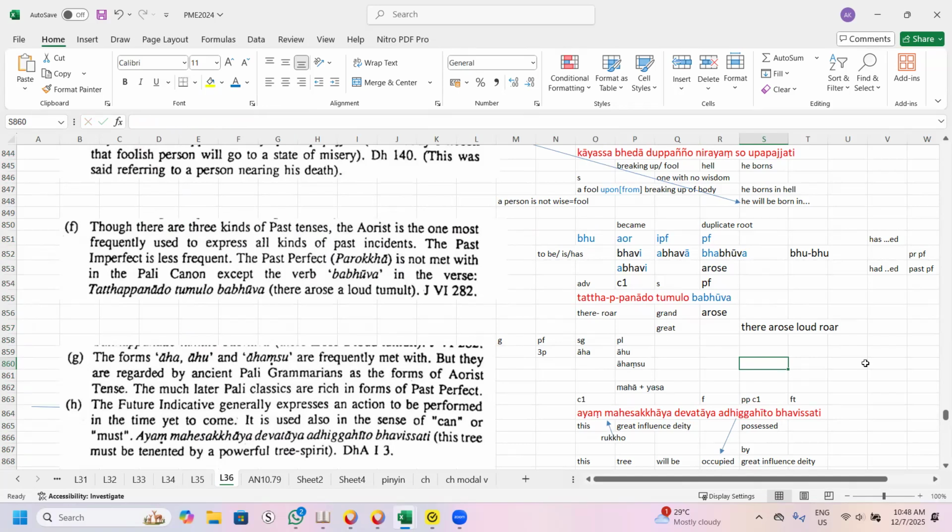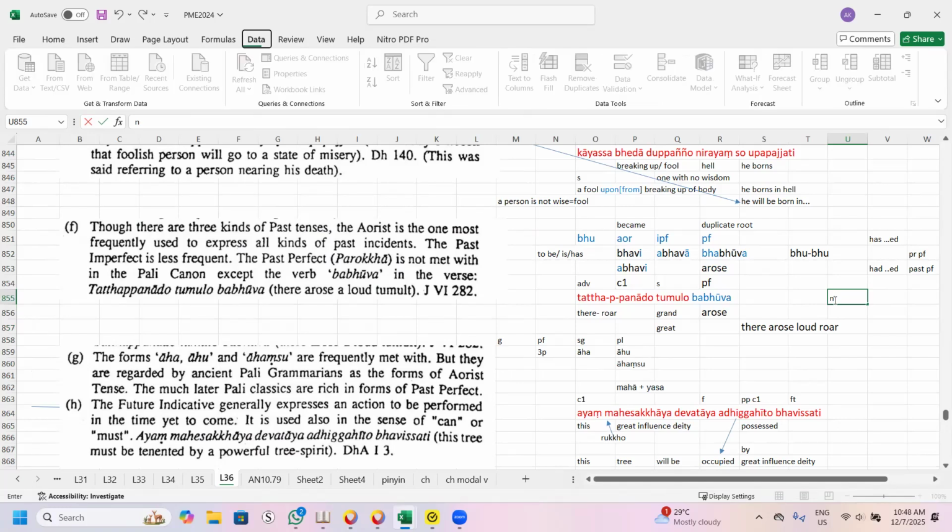Can you see the word nada? You know what is nada? The word nada means it's a note. Panada is a loud sound. So that means this is an adjective to this. It means loud roar or loud sound.